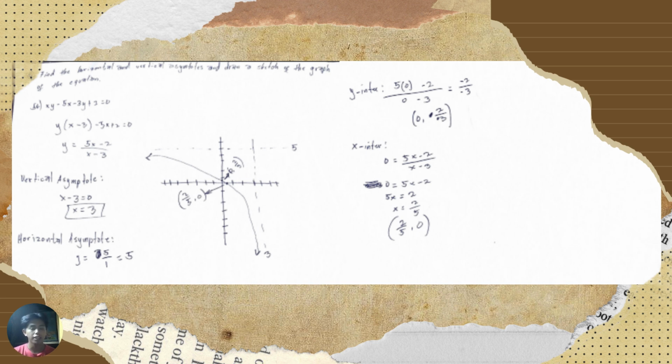And then, we are not done in graphing yet because we are going to find the y-intercept and the x-intercept in this kind of situation. So to find the y-intercept, we're going to make the value of x equal to 0. So from the given equation, we have 5x minus 2 over x minus 3.